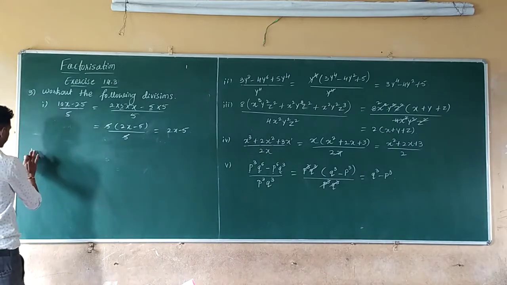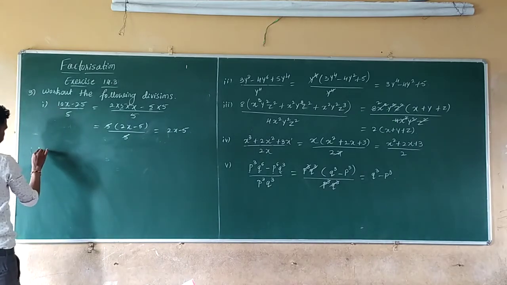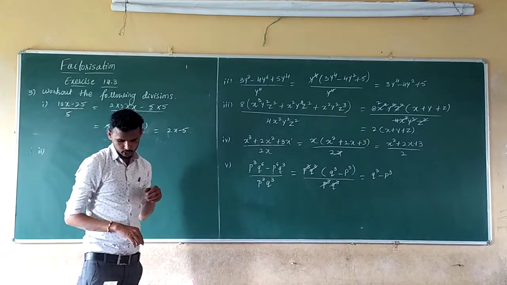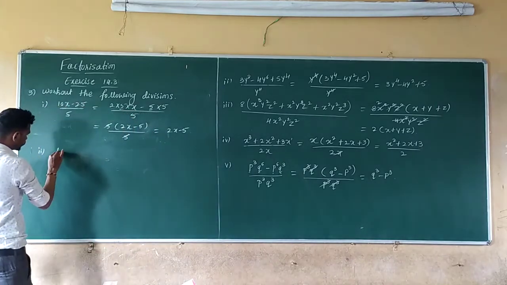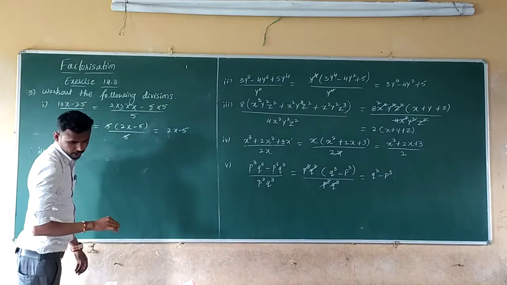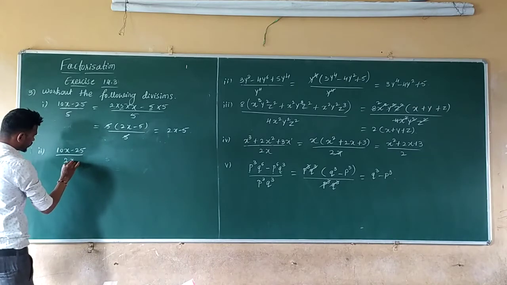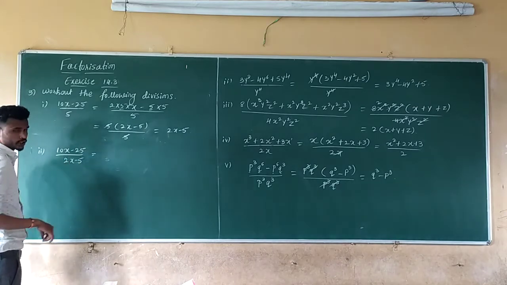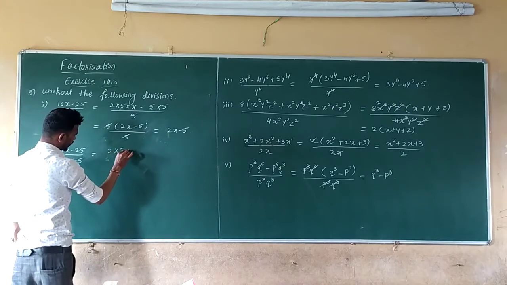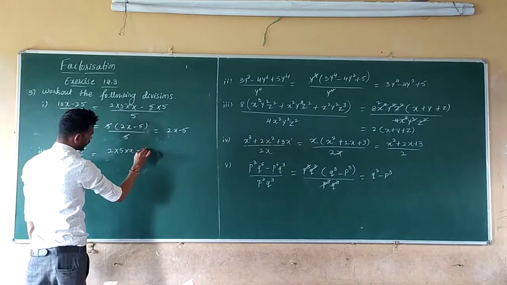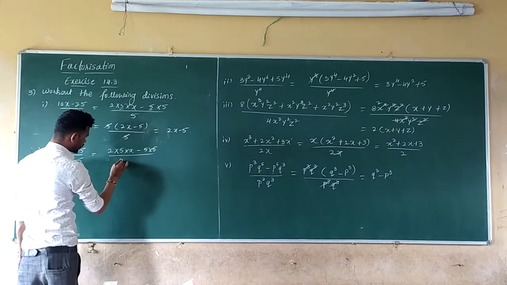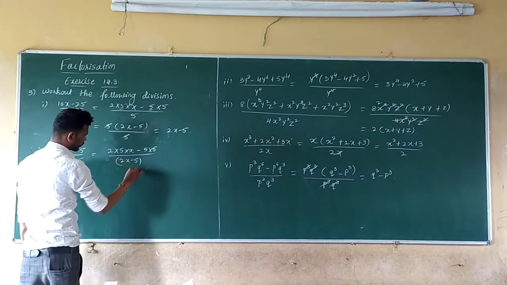Next, in that second one, 10x minus 25 divided by 2x minus 5. So same question. 10x we can write as 2 5s are 10 into x, and 25 you can write as 5 into 5, divided by 2x minus 5.